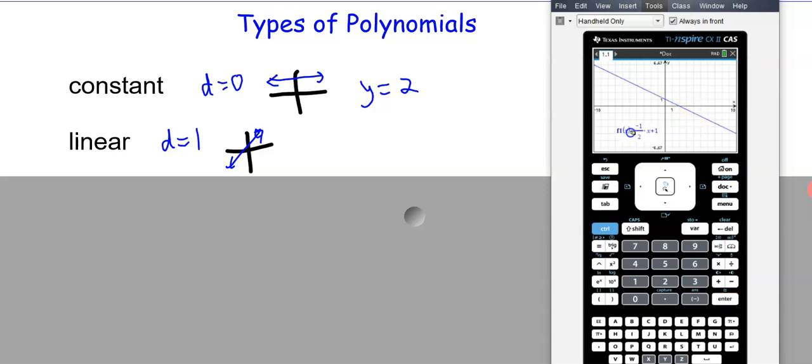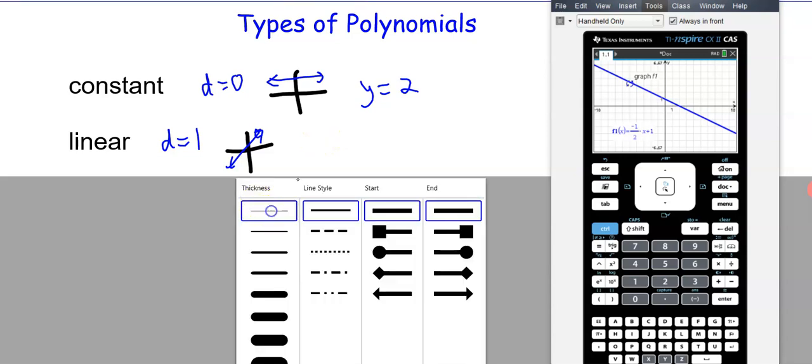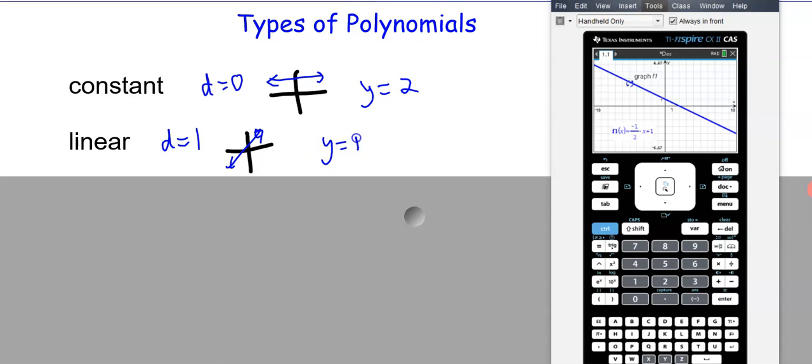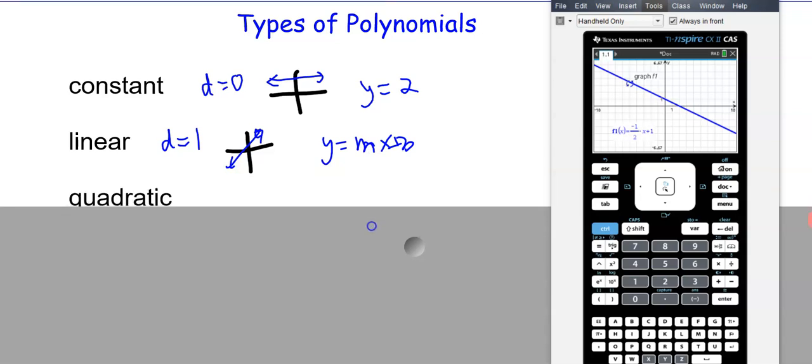So there's a linear function, right? It has a negative slope, this one does. It's going to be like y equals mx plus b would be the form. It's a linear function, so it's going to be a graph of a straight line with a positive or negative slope.